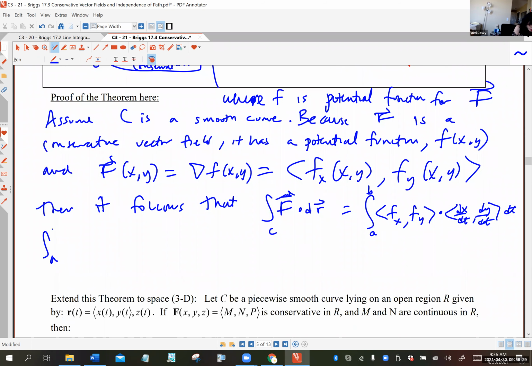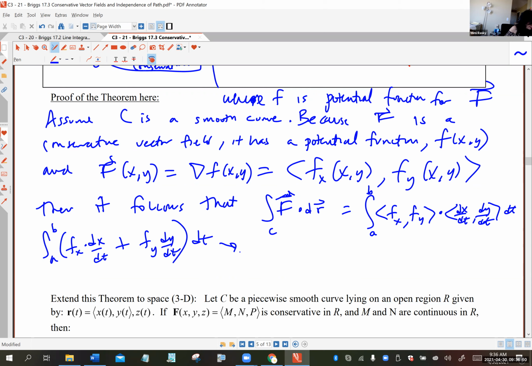Okay, so when I actually perform the dot product here, I'll take fx, multiply it with dx/dt, plus the other partial, multiply him with dy/dt, and then dt. All right, now what? Well, what do we have here?